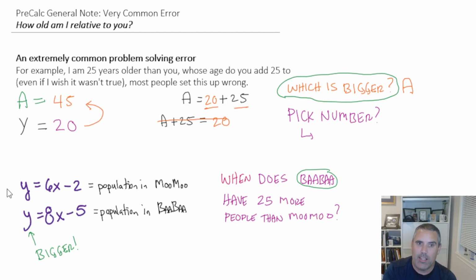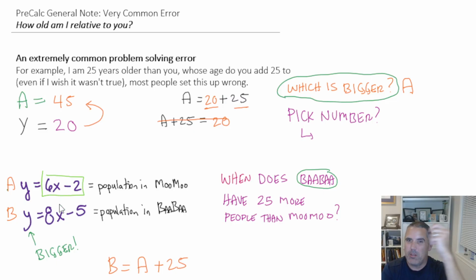So this is kind of like my A and my Y. Or let's label them A and B. In this case, B is bigger. So B is going to be the smaller thing plus 25. So what does that mean? Whatever comes out of this formula, the smaller thing, I need to add 25 to that to get the bigger thing.